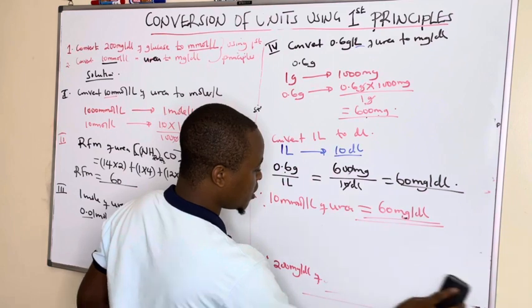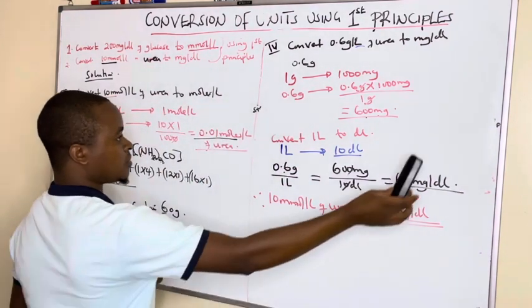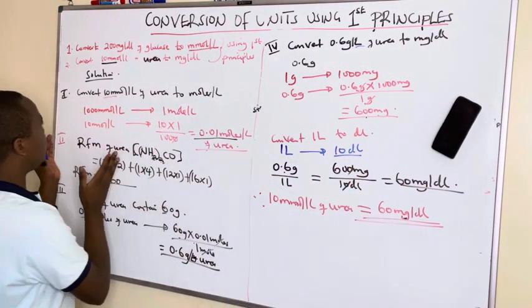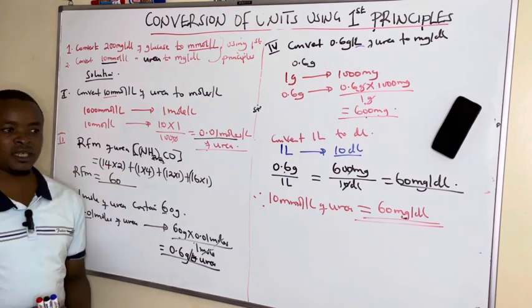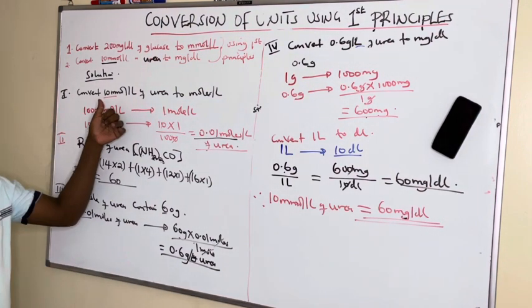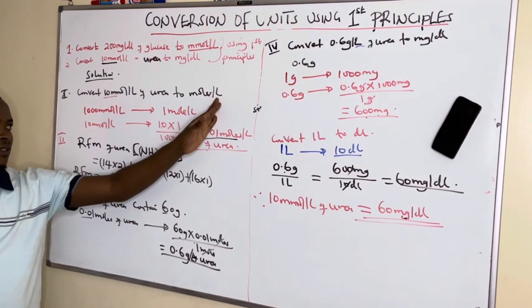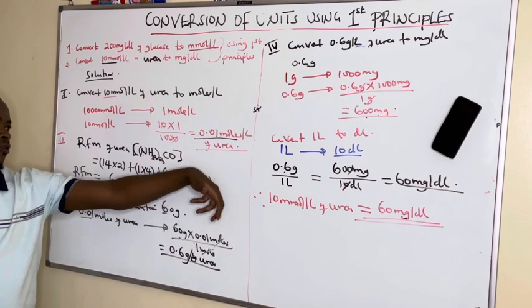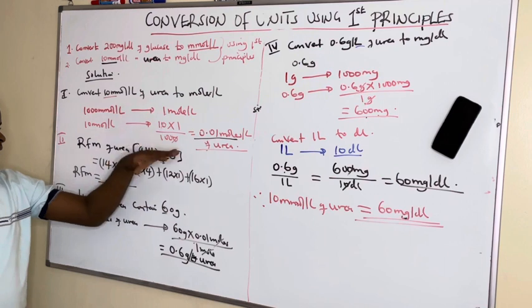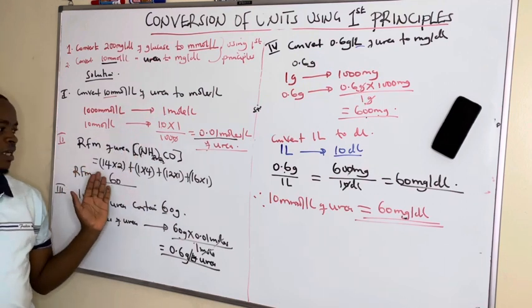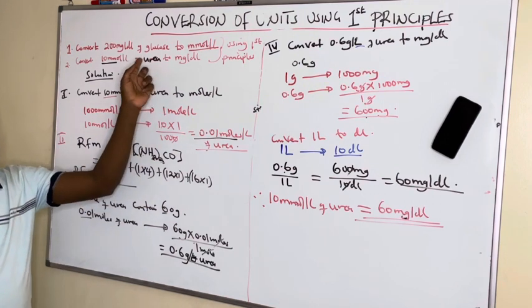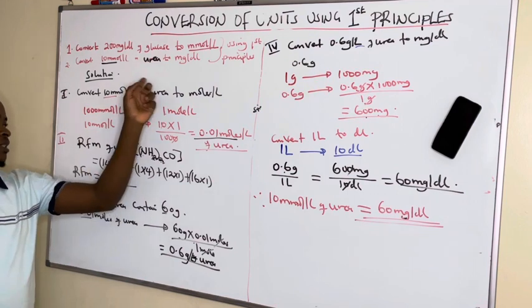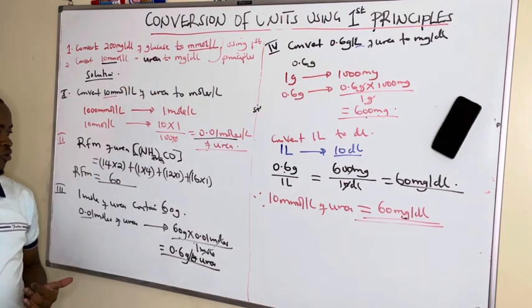So it is always done in 4 steps. When you're converting from millimoles to milligrams per deciliter, the first step is to convert millimoles to moles, which are in a liter or in 1,000 mils. The second step, you calculate the relative formula mass of the substance given. The substance given will determine the molecular mass.